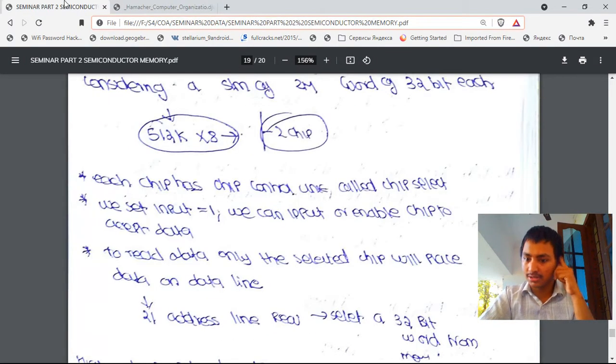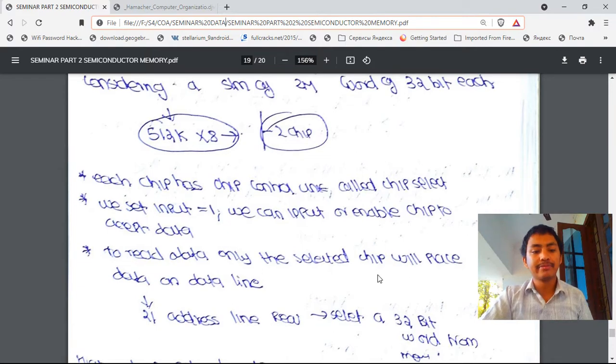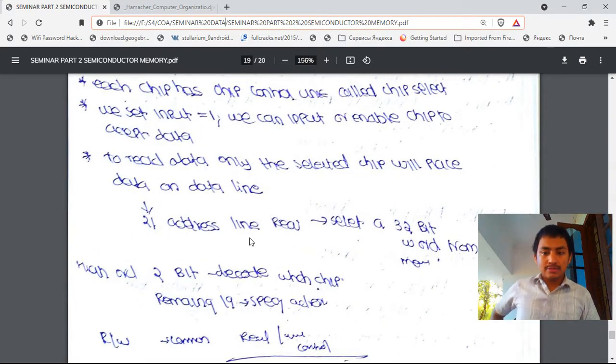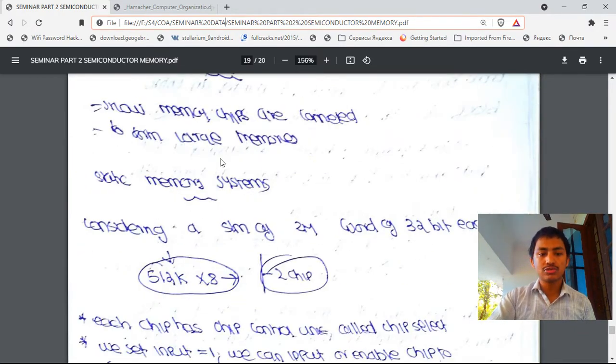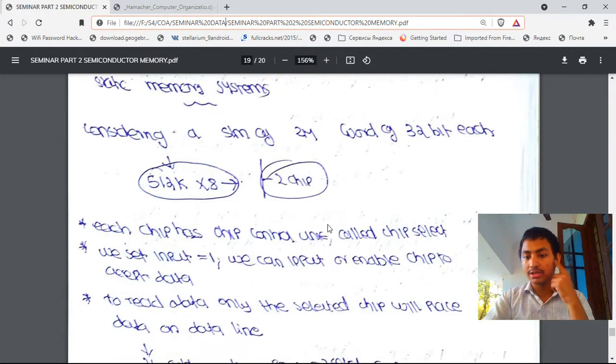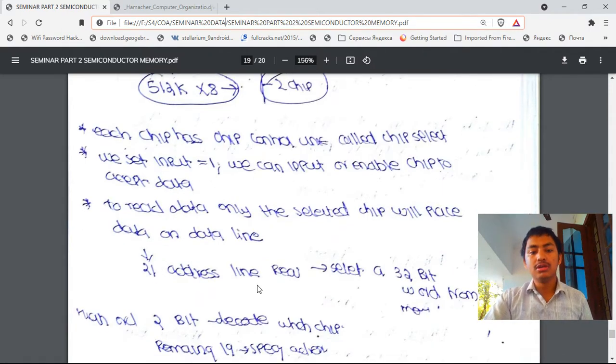So let's conclude. To select the 2 MB, we need a 32-bit address space. We are actually using 21 address lines to select a 32-bit word from this.